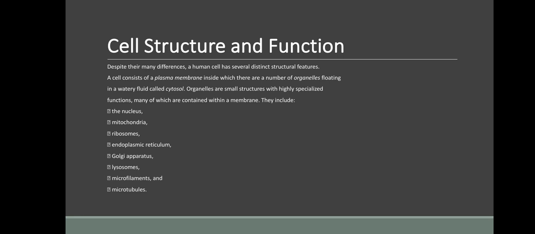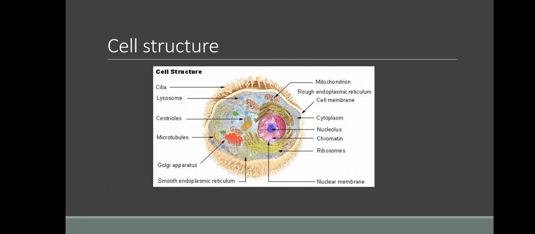Organelles are small structures with highly specialized functions, many of which are contained within a membrane. They include a nucleus, mitochondria, ribosomes, endoplasmic reticulum or ER, Golgi apparatus, lysosomes, microfilaments, and microtubules.